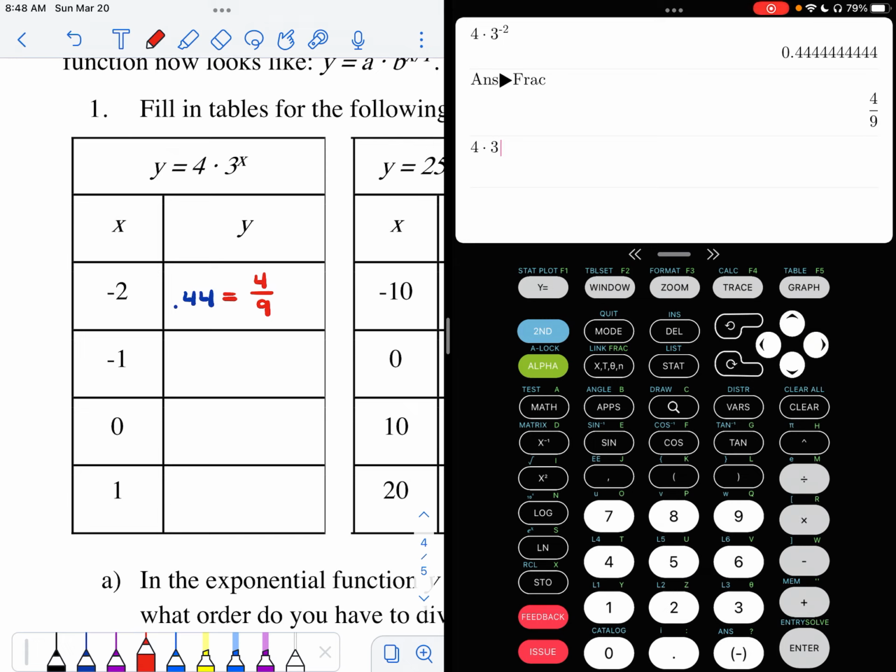Now let's try a -1. So 4 times 3 to the power of -1, and we get 1.33 repeating. If I change it to a fraction, you get 4/3.